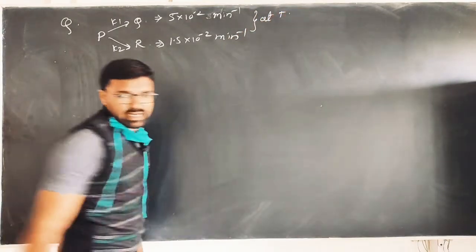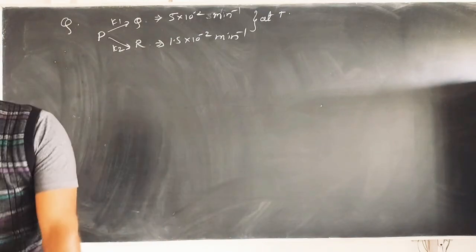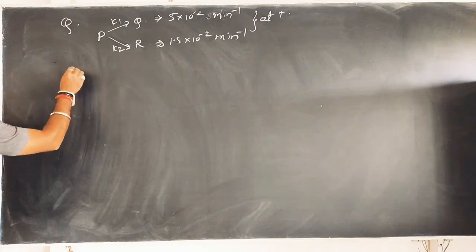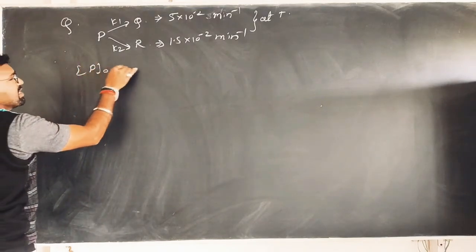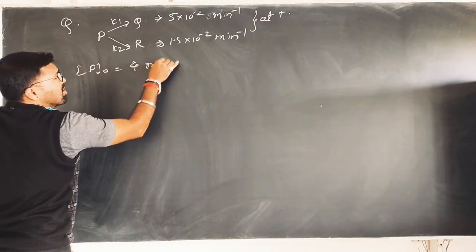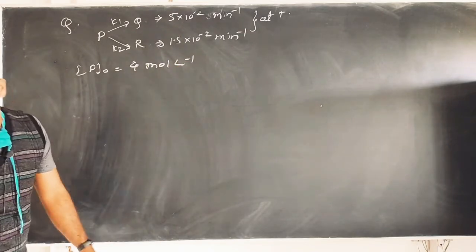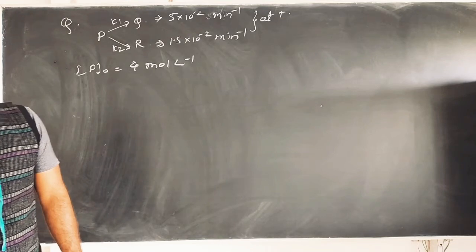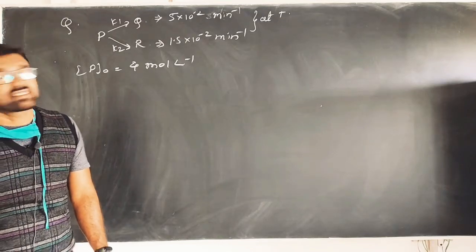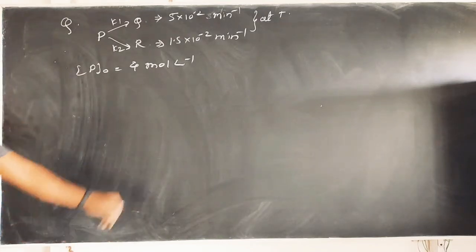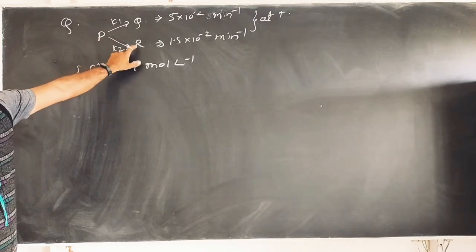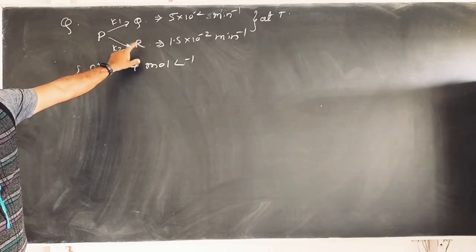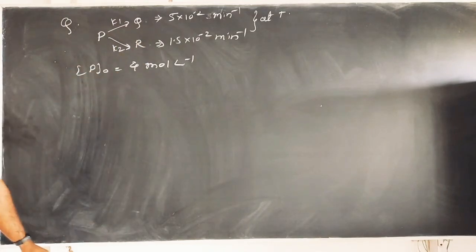If the initial concentration of reactant P is equal to 4 mole per liter, then what is the concentration of product R after 10 minutes of reaction? We want to find the concentration of product R after 10 minutes of reaction.